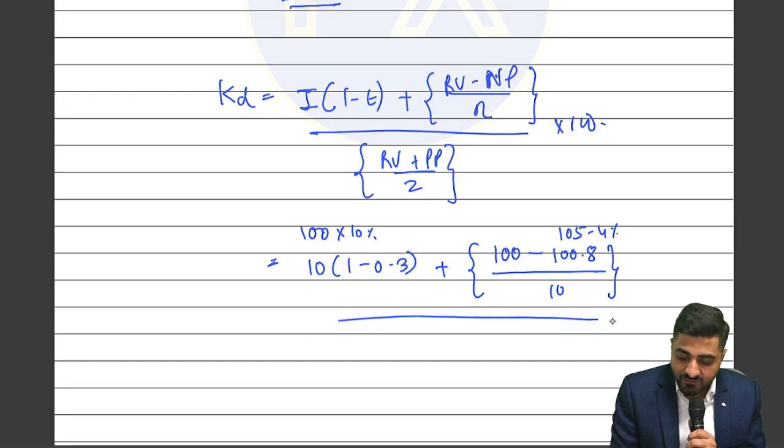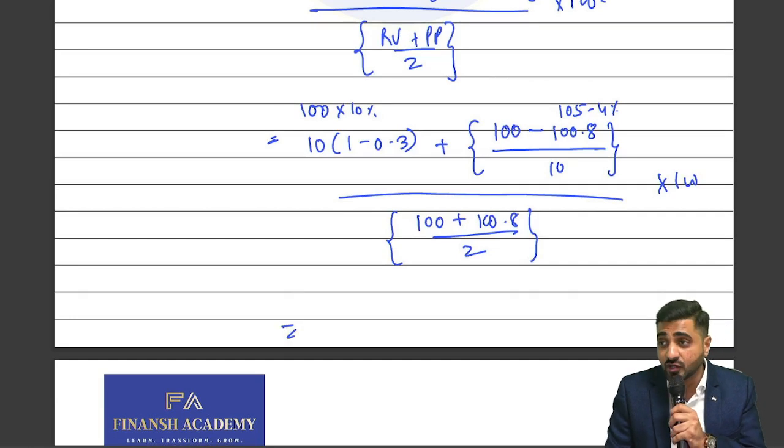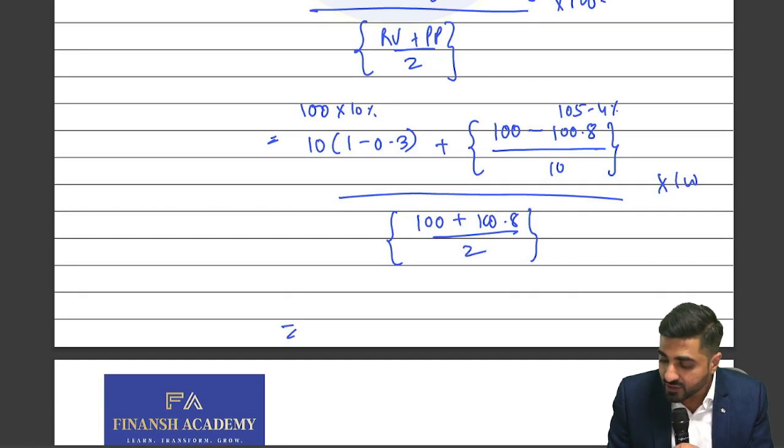And can I say I will divide by 100 plus 100.8 by 2. Sufficient to calculate your KD, yes or no? Yes, sir. 100 minus 100.8, divided by 10, will give you negative 0.08, right?